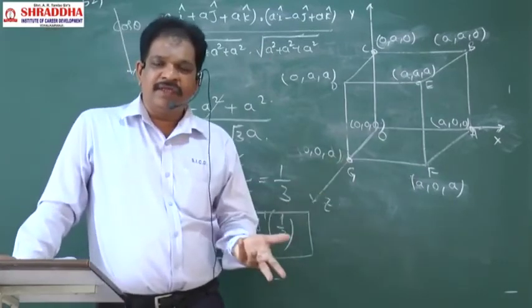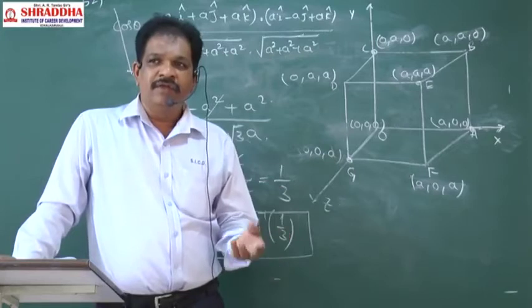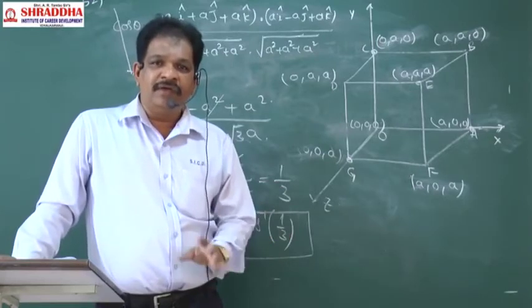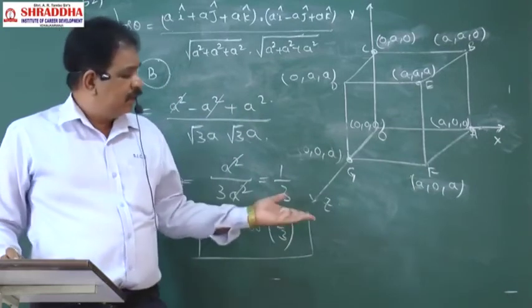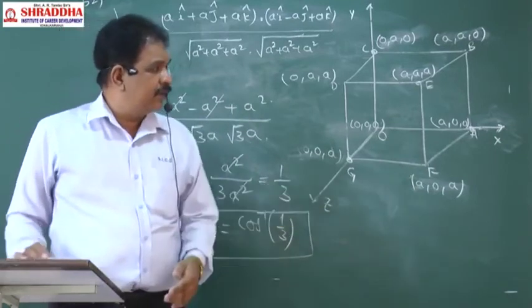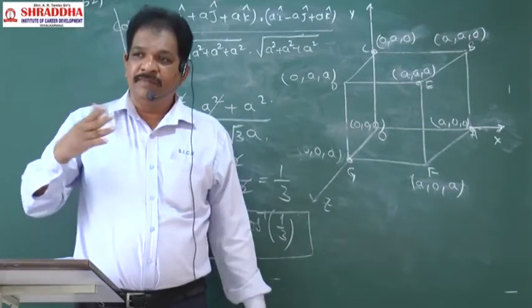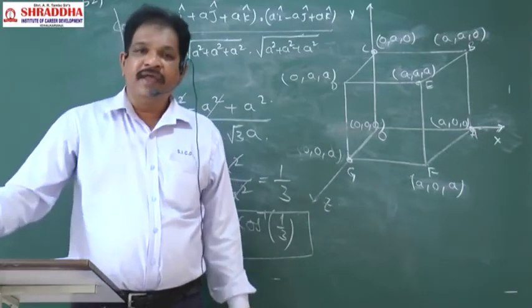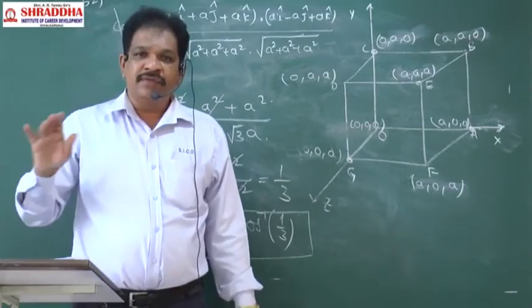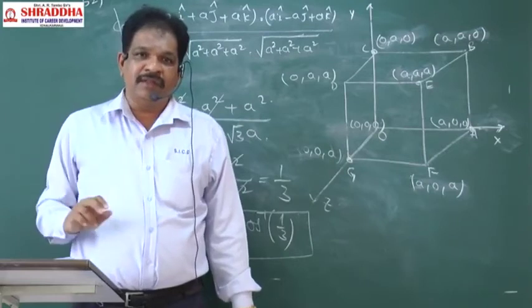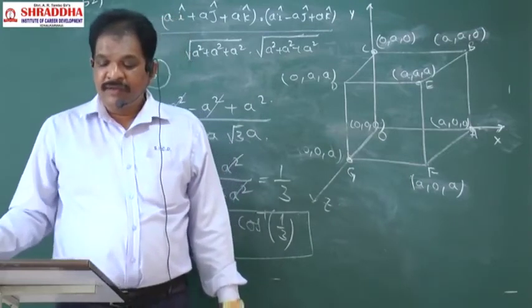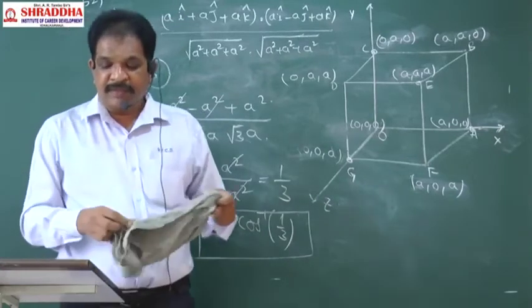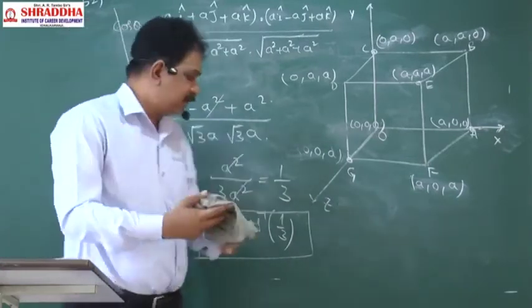There won't be any change in that question. Find the angle between two diagonals of the cube. Then you can directly memorize the answer and mark it in the examination so that you can save time. That is one of the ways to do problems in competitive examinations.